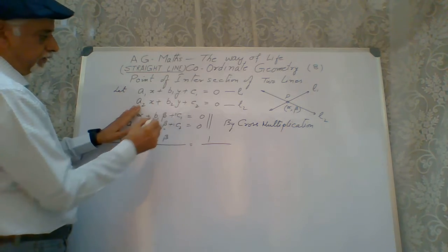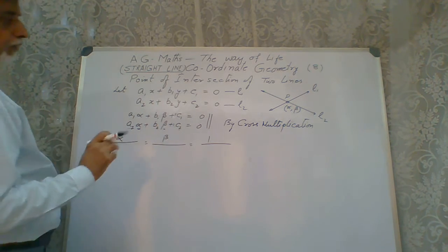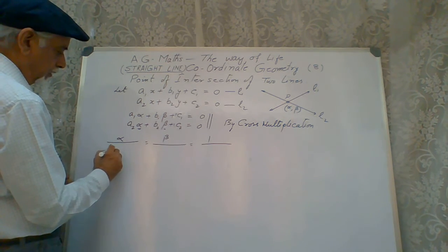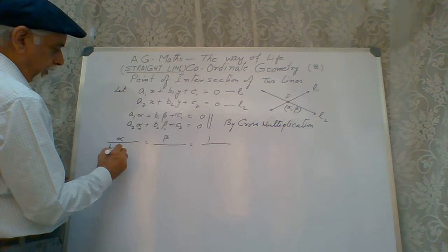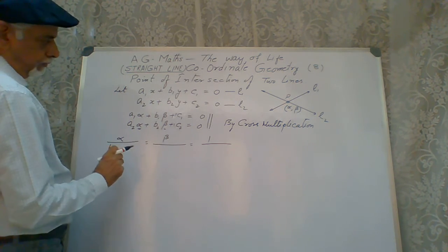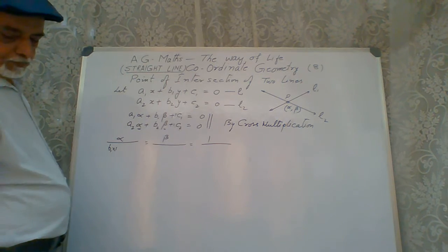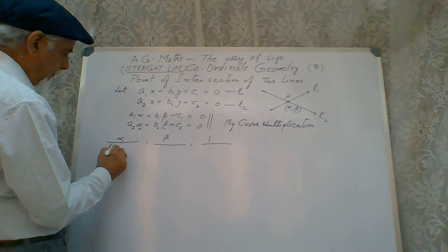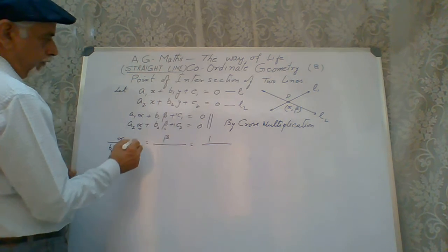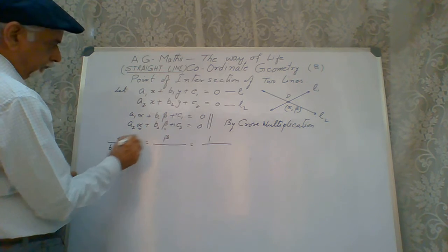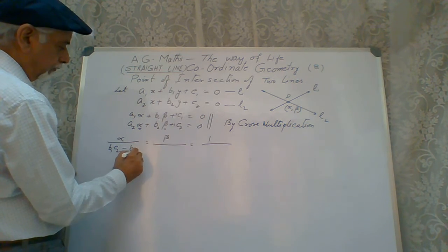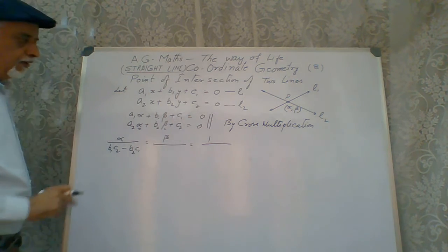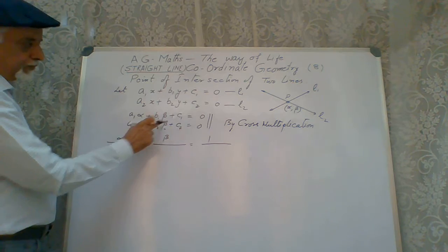In between these two terms of multiplication, there will always be a negative sign. So the first one is b1 into c2, sorry, not 1, it is c2, minus b2 into c1. That is what we have to do. So b1 c2 minus b2 c1.